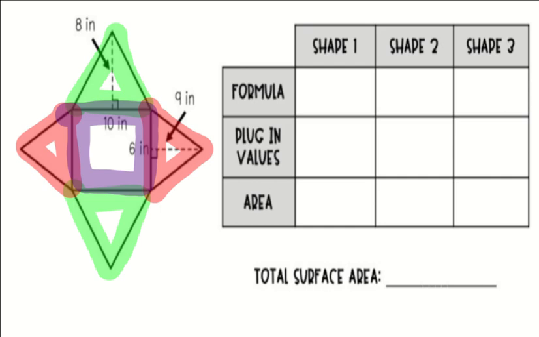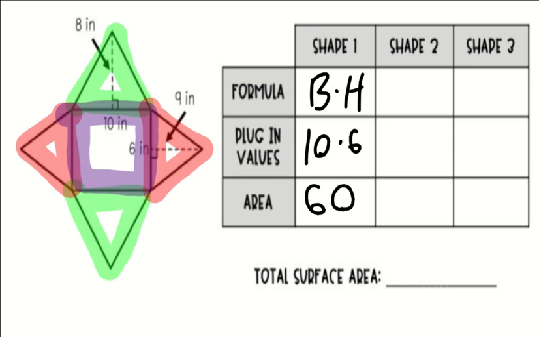Formula for a rectangle: base times height. What's the base and height on the rectangle? 10 and 6. So we got 10 times 6. That's 60. How many rectangles do we have? Just the one. Don't have to do anything else with it. Our other shapes are both triangles. So we're going to do base times height divided by 2 for each of those.